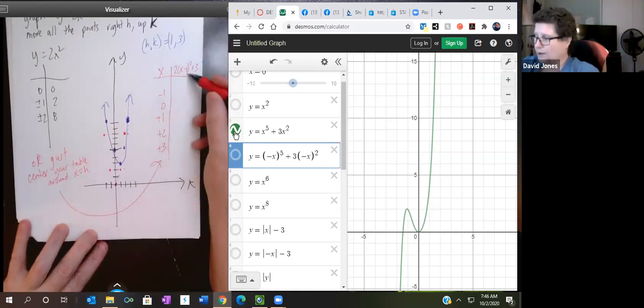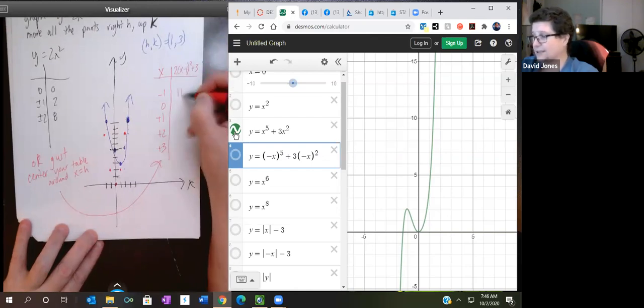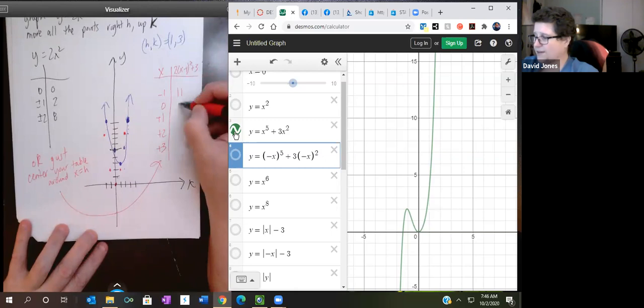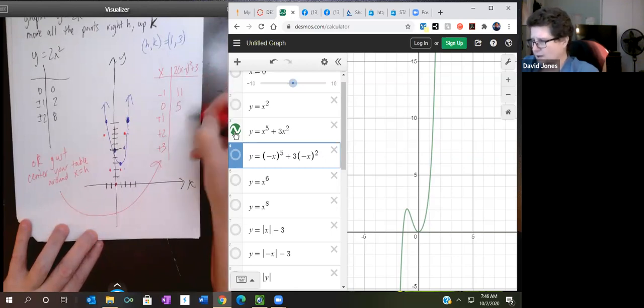Put it in, negative 1 minus 1 is negative 2 squared is 4. 4 times 2 is 8, plus 3 is 11. 0 minus 1 is negative 1. Squared is positive 1. Times 2 is 2. Plus 3 is 5. 1 minus 1 is 0. That goes away. We just have the 3.